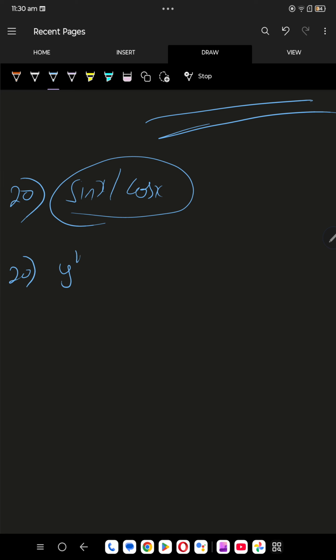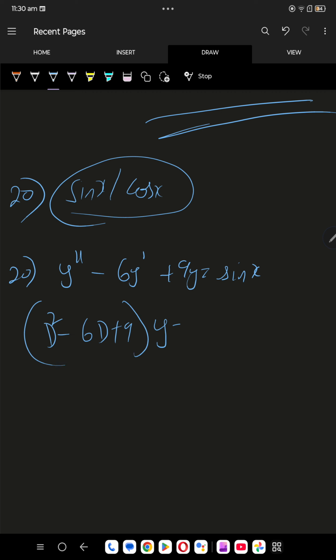Question number 20 goes like y double dash minus 6y single dash plus 9y equals sin x. This can be written as d square minus 6d plus 9 y equals sin x. The auxiliary equation of this is m square minus 6m plus 9 equals 0. So let's find m. I'll be using a calculator to find this.